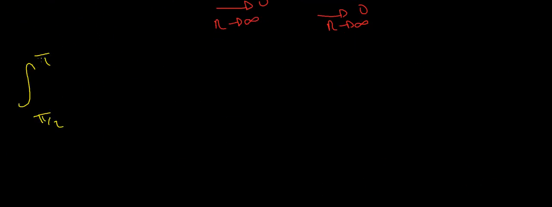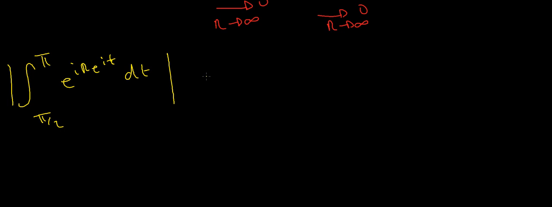So now I've got to work on the integral from pi over 2 to pi of e to the ir, e to the it dt, and that's in absolute value signs. Okay, and I want to try and show that this goes to 0.